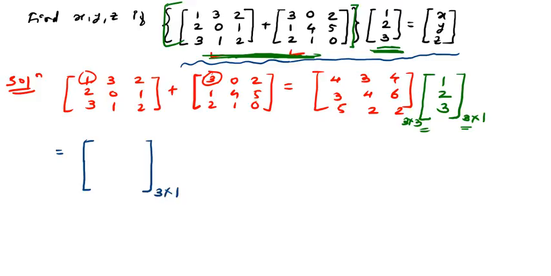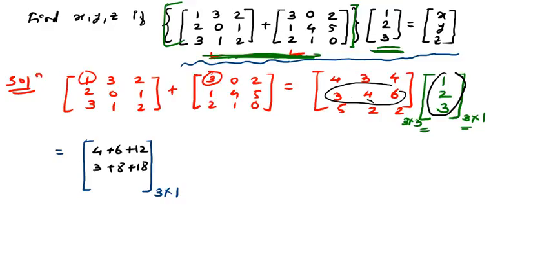Now see how to multiply. We take first row with first column. So this will be 4 into 1 is 4, plus 3 into 2 is 6, plus 4 into 3 is 12. Then second row and first column: 3 into 1 is 3, 4 into 2 is 8, plus 6 into 3 is 18.